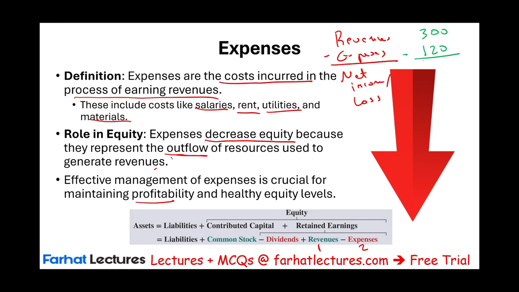We deduct the expenses, and this company made a profit of $180. We call this net income, and the reason it's net income is because we have more revenues than expenses. If the opposite is true, if expenses are more than revenues, we have a net loss. So revenues minus expenses, when we have more revenues, is net income. So now we defined two components of equity, revenues and expenses.